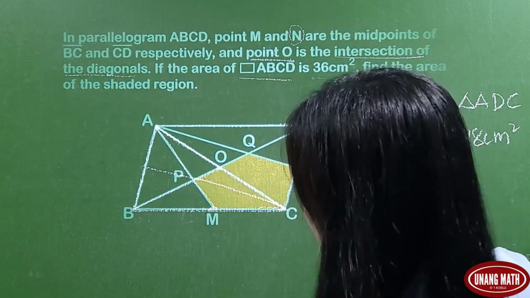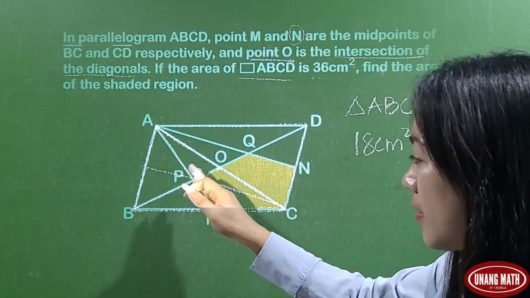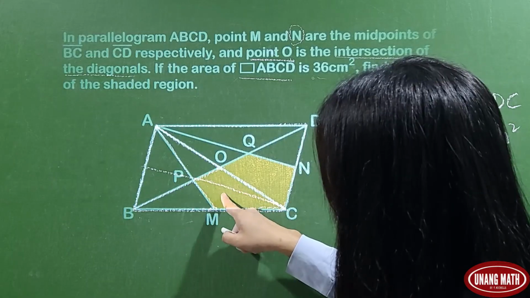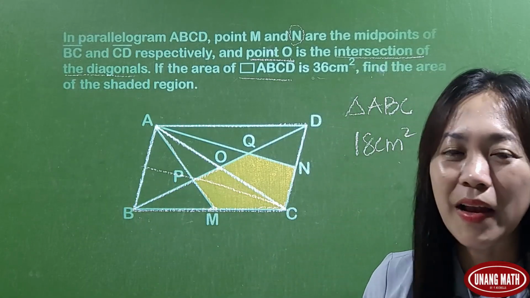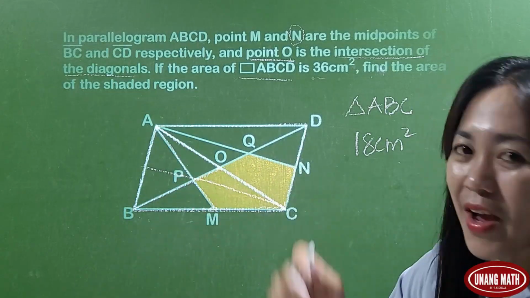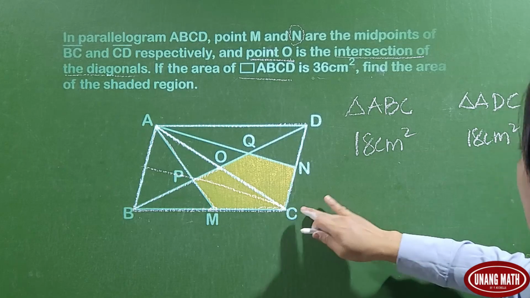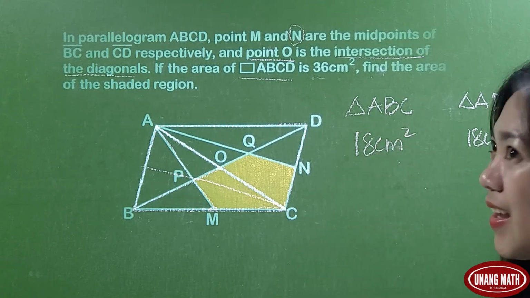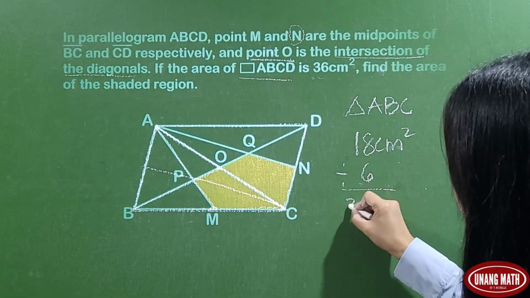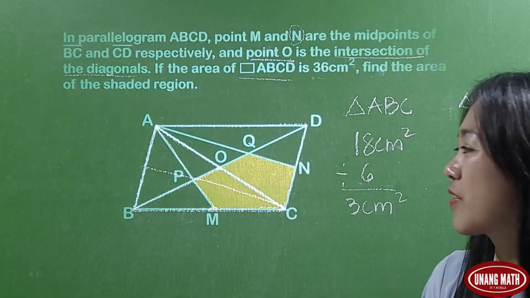Okay, now these three medians divide triangle ABC into 6 equal parts or 6 equal areas. So if the area of triangle ABC is 18 square centimeters, divide this by 6, then each triangle is 3 squared centimeters.